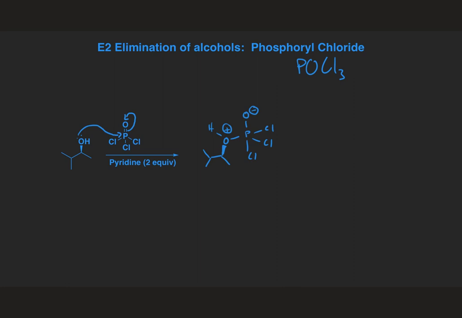These electrons on this oxygen can then be kicked down, which is going to kick off a chloride, to give this intermediate.